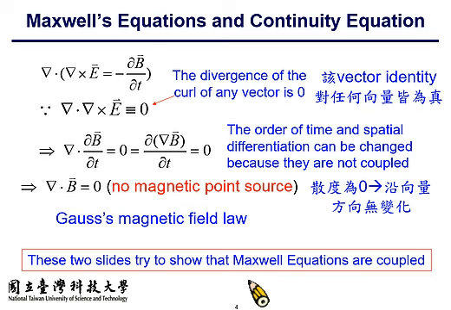Then Hertz and Heaviside reorganized all these equations and provided the present, more modern form of the Maxwell equations, about 15 or 20 years later. That's the reason why in the textbook you see 4 Maxwell equations.